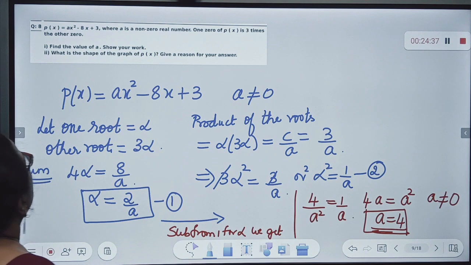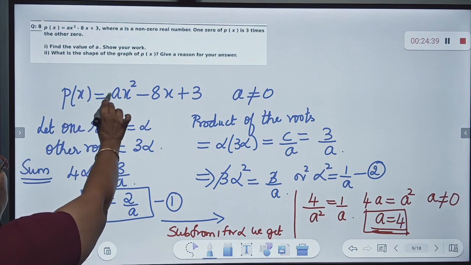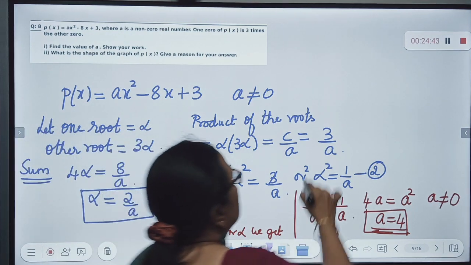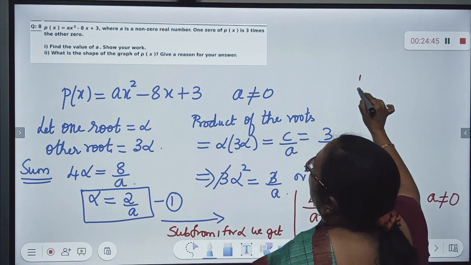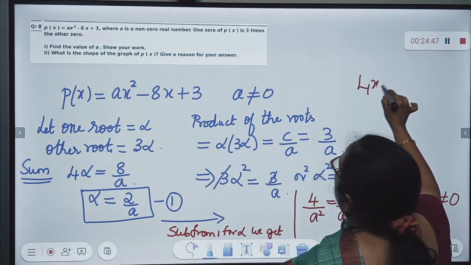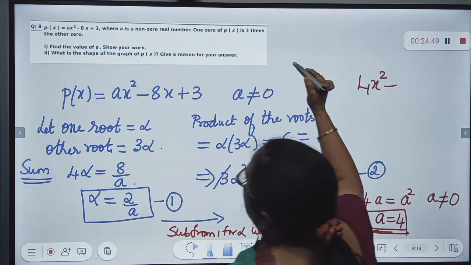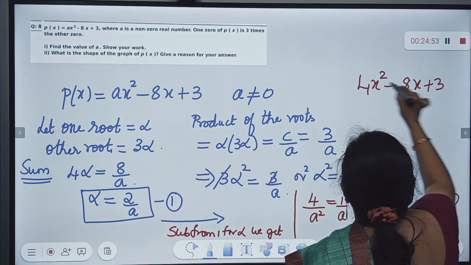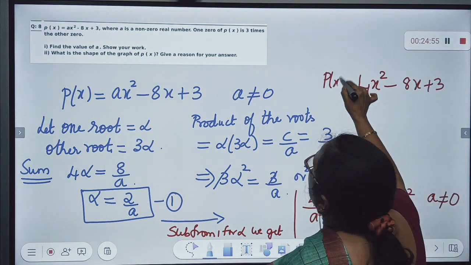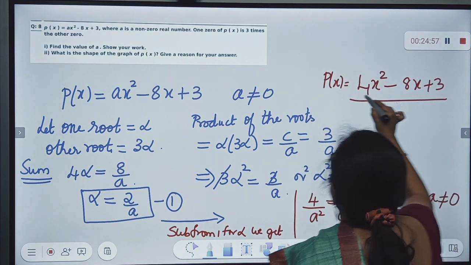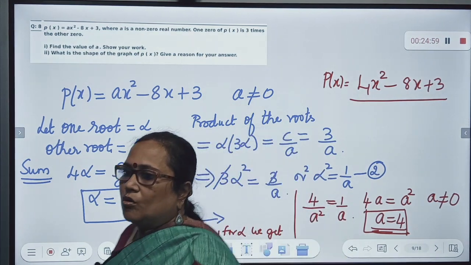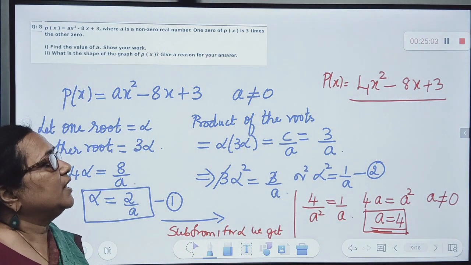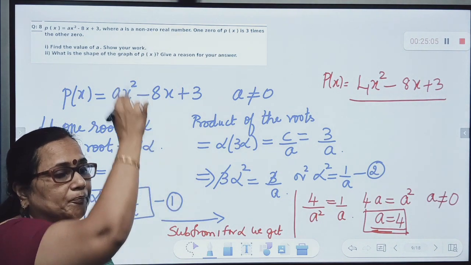So what is the value of a? 4. Now what is the shape of the graph? What kind of a is 4? So the quadratic will be 4x square minus 8x plus 3 is the polynomial. Now whenever a is greater than 0, we have already discussed, in fact, I have even shown it using GeoGebra, then the polynomial will be upward.